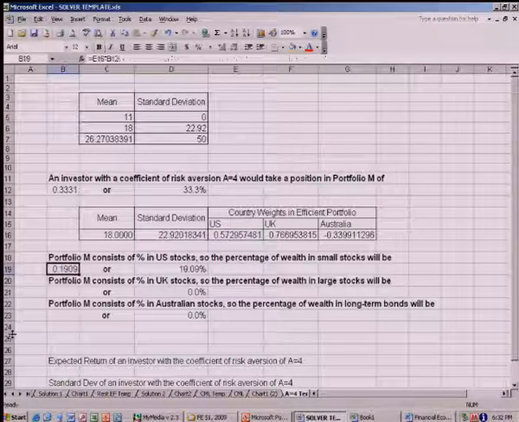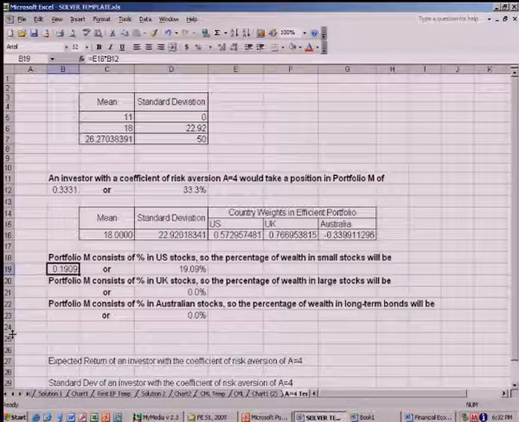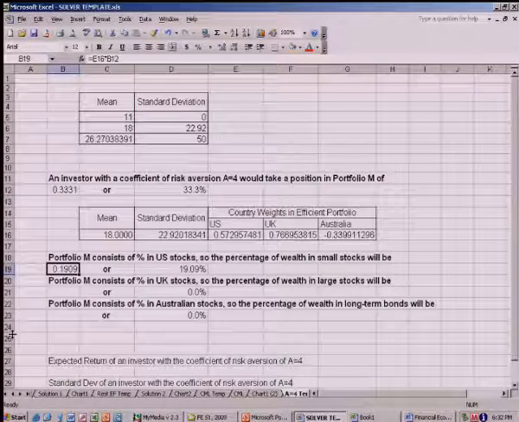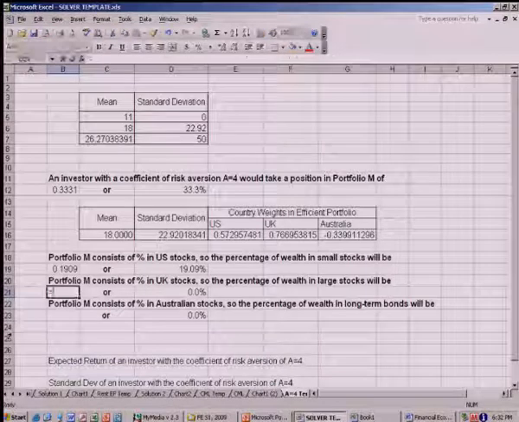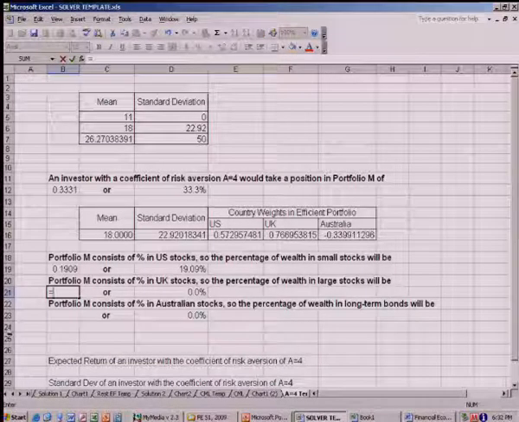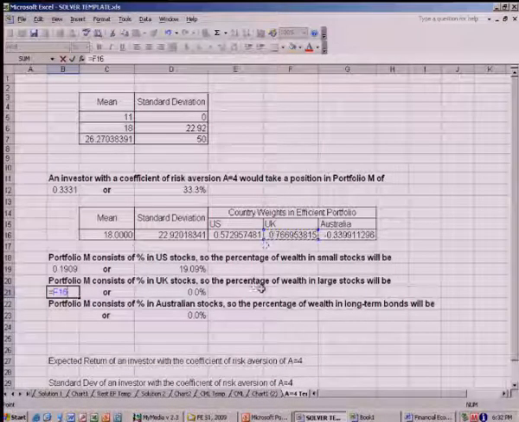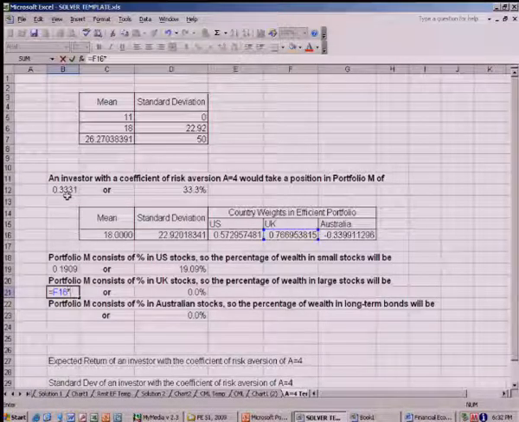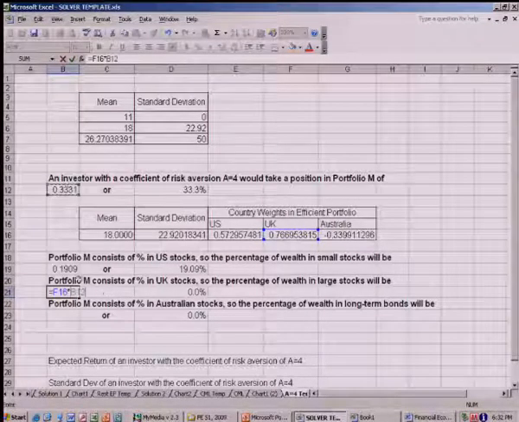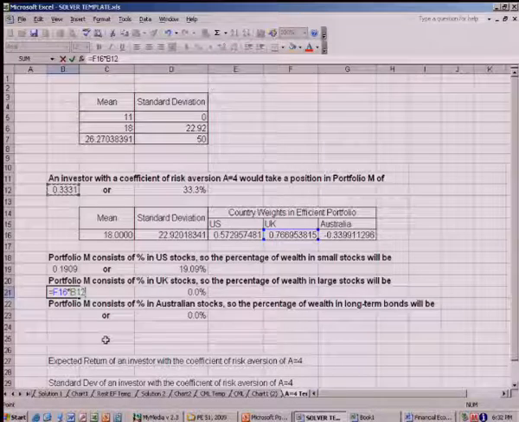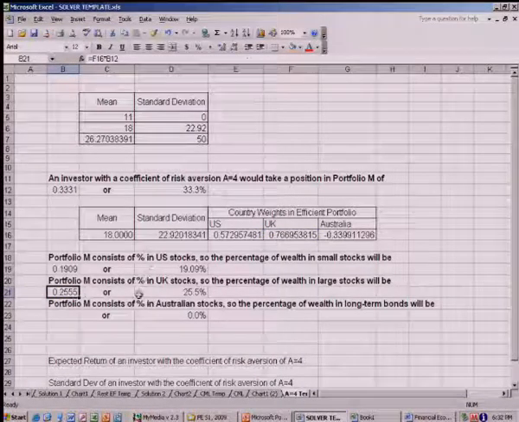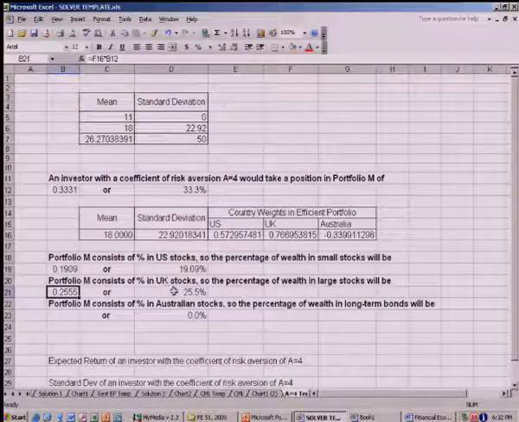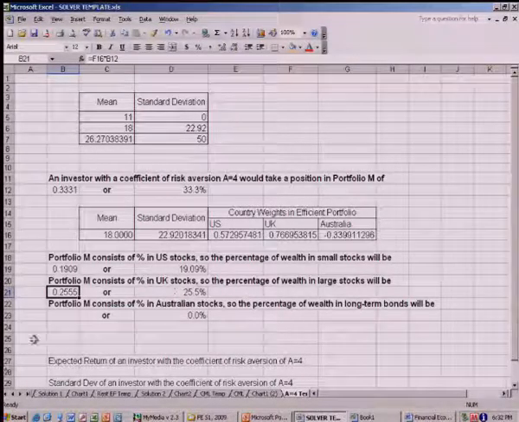So it tells you that you should be putting 19.09% of all your wealth into the US asset or US stocks. To find it for the UK asset, you multiply the weight on the UK asset by this optimal proportion invested in the risky assets, 0.33, enter, and it tells you that 25.5% of all your wealth should be invested into that UK asset.